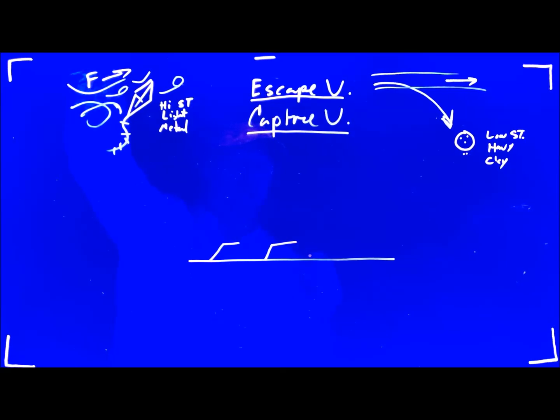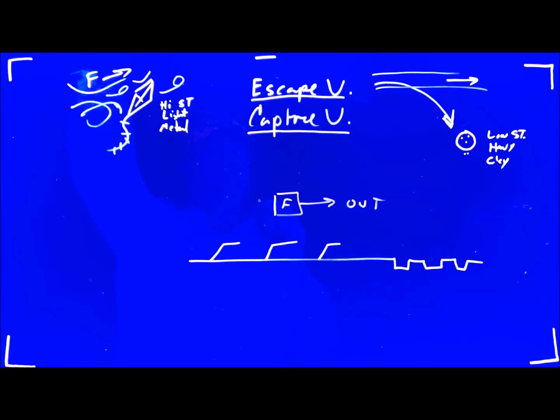Now we're going to talk about something that's happening in every box, regardless of its profile, with material moving into it. One, we got the flow going out. It's number one.